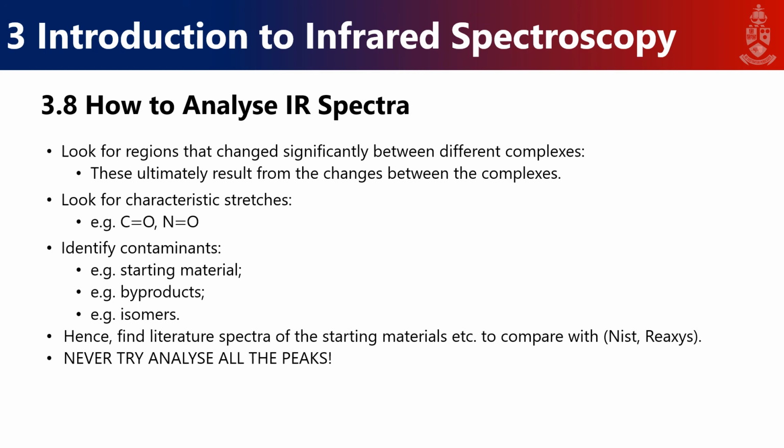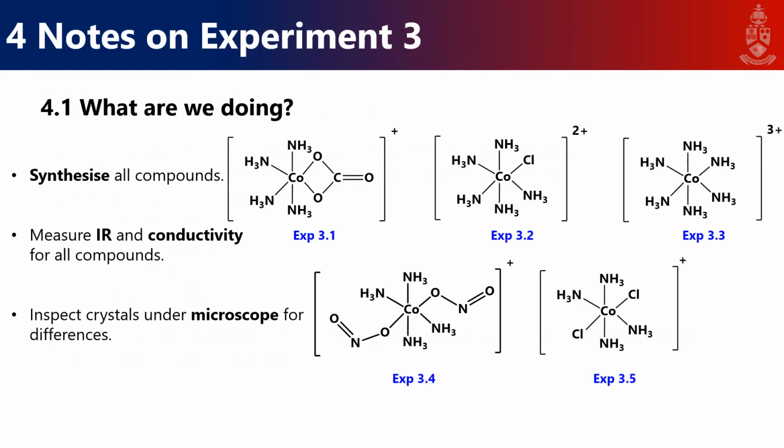Let's quickly look at our experiments. So the actual synthesis, some notes on that. Right, so we are synthesizing these 5 complexes. I hope that's quite clear by now. And they each have their different experimental numbers, which you can read up in the Prac guide.